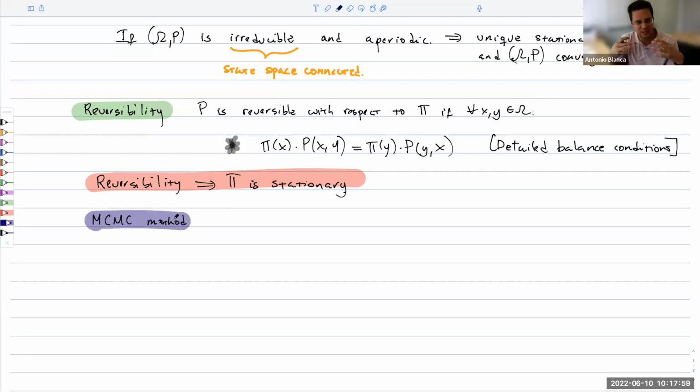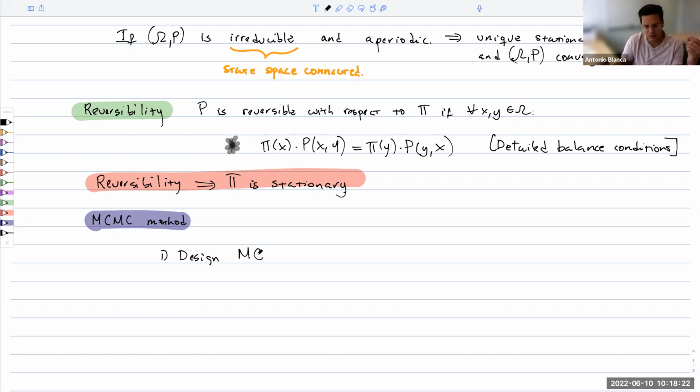It is a family of algorithms for solving the problem of sampling from a complex probability distribution. You have some probability distribution, it might be very complex, as we saw, like the uniform distribution over the independent sets or the proper colorings of a graph and so on. The idea is that we design a Markov chain that converges to pi.